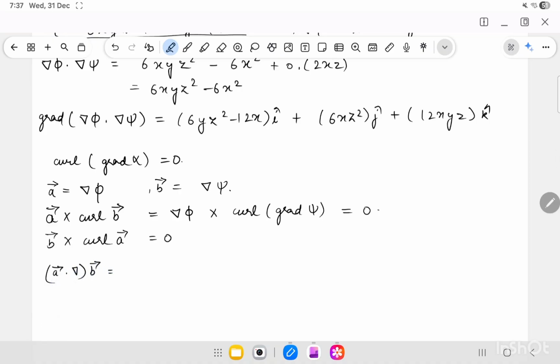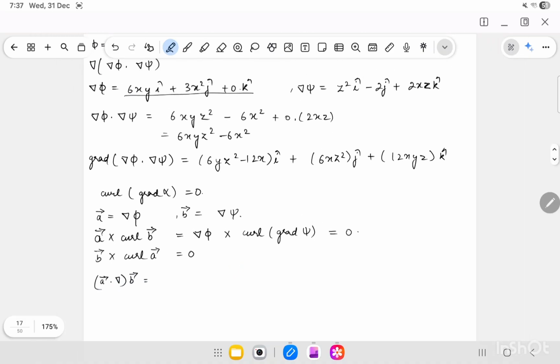Now we need to evaluate this term, that is a vector dot del times b vector. A vector is grad phi, which is equal to 6xy I cap plus 3x square j cap plus 0 k cap, dot del by del x I cap plus del by del y j cap plus del by del z k cap, times grad psi.